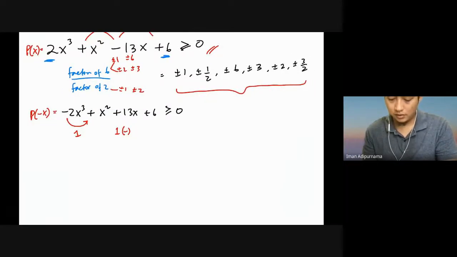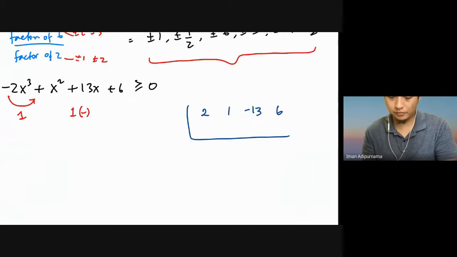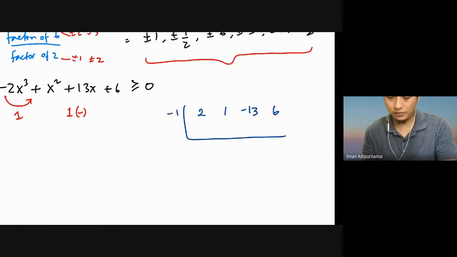Okay, let's start with 2, 1, negative 13, 6. Let's start with the synthetic division. Divide by maybe negative 1.